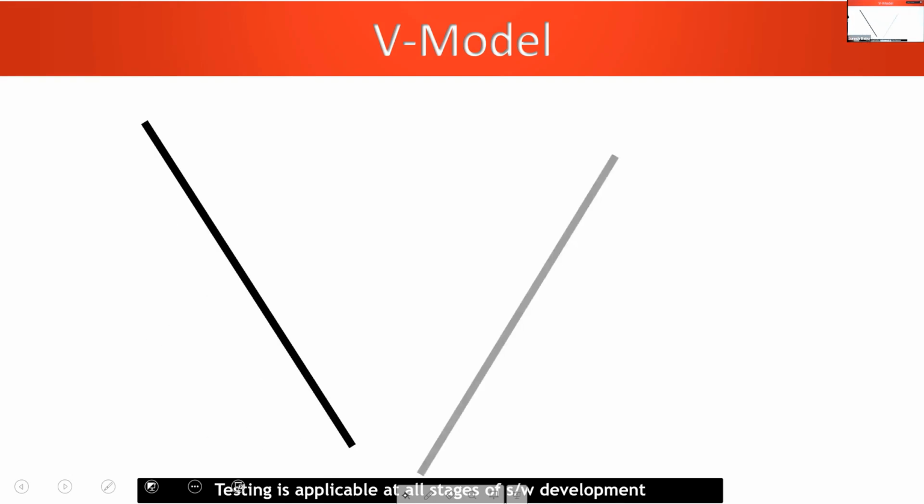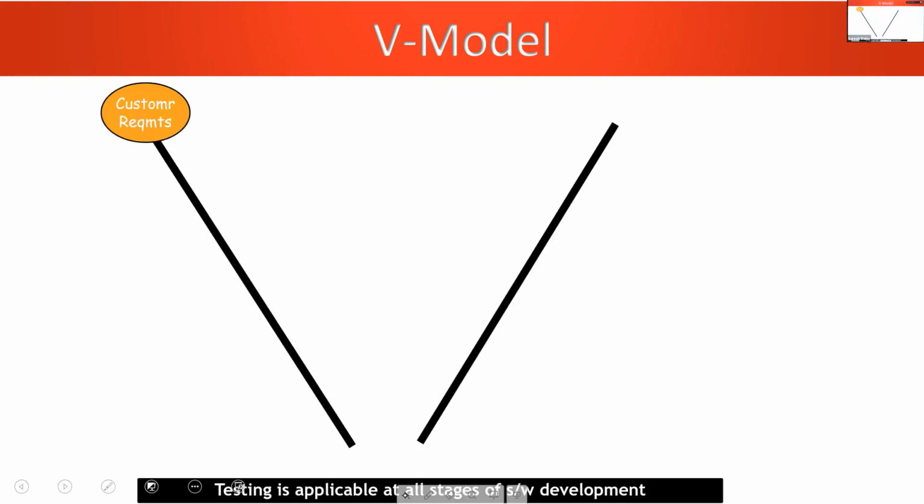First, requirements are captured from the customers. After documenting the requirement, as we are developing a very sensitive application, 100% accuracy is expected. 0.01% defects also not accepted. In that scenario, V model will be opted.